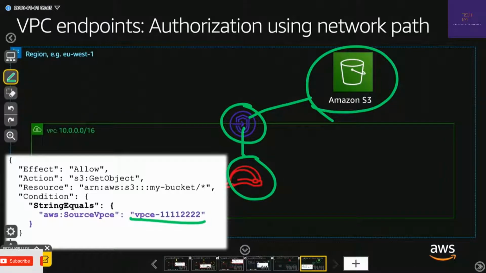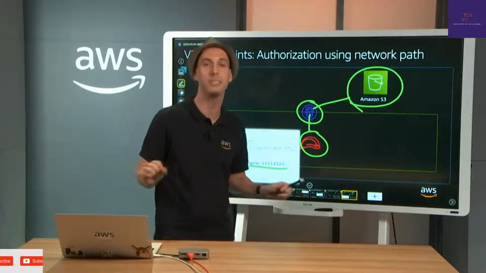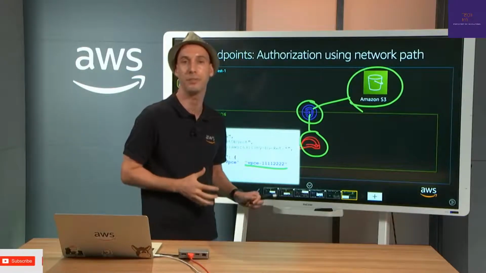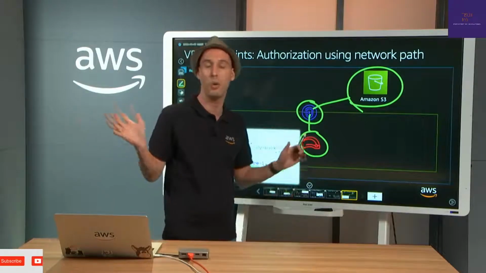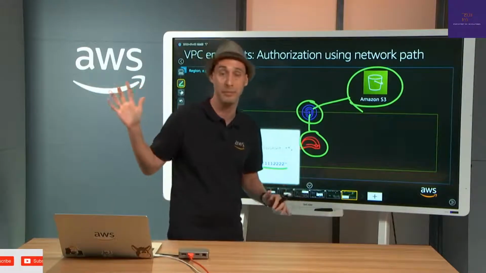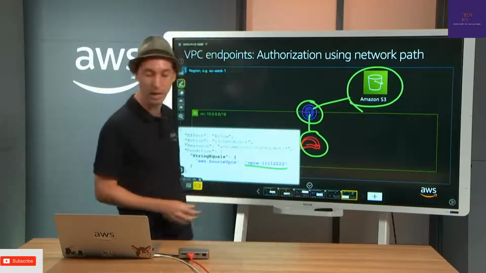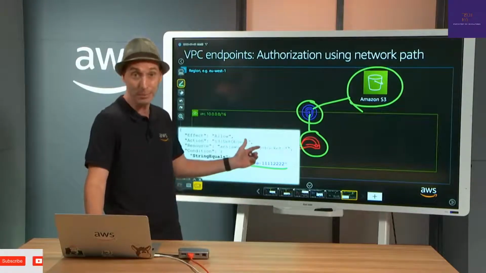And this is amazing, because this lets you say, not only do I have a particular identity that I know I want to restrict access to my resource on, but I also can say, I know that request from that identity must come from within inside a particular VPC. So that's a really great way to prove that no other services, even with that same role from a different VPC, can access that data. Really, really valuable to know how to do that. But it's really simple.